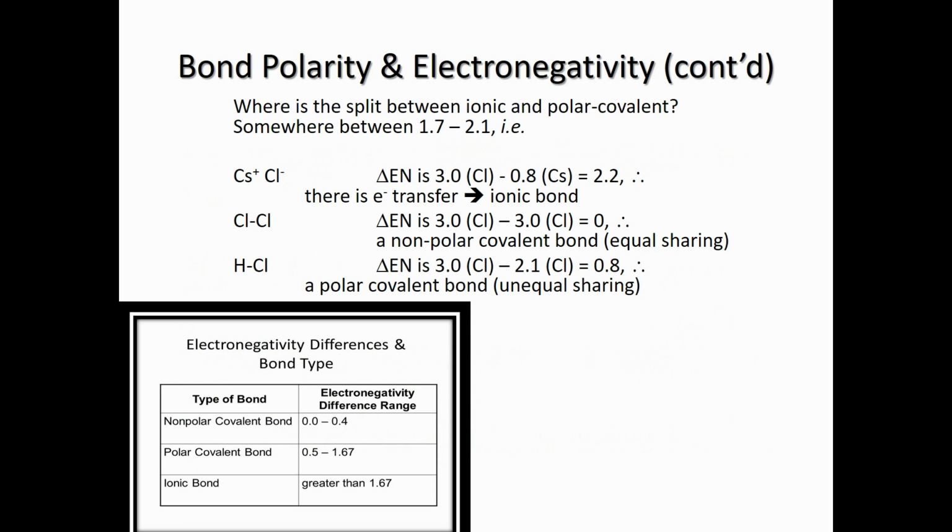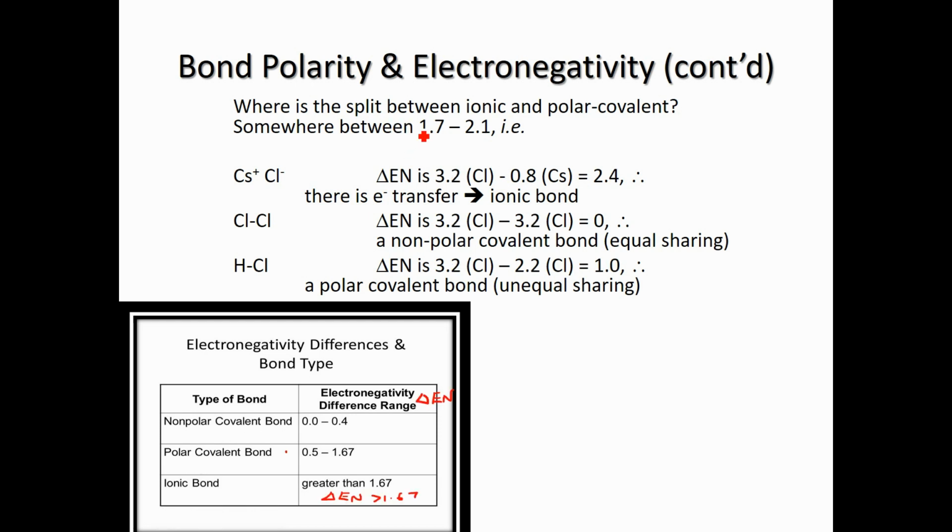There are some calculations that were done by this scientist called Pauling. Pauling said that if you do the subtraction of the scale that he provided and find that it's in a given range, then you can quickly define whether it's polar covalent, non-polar covalent, or ionic.